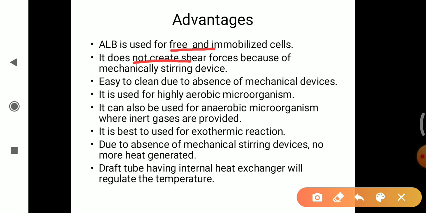There is no agitator present inside the airlift bioreactor, so due to the absence of stirring devices, no shear forces take place inside this bioreactor.